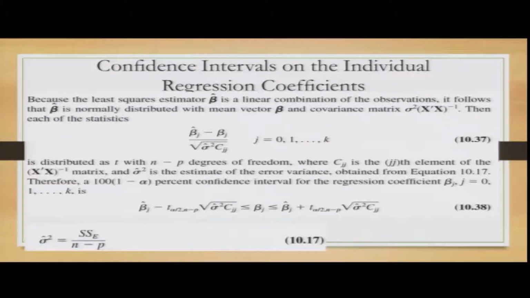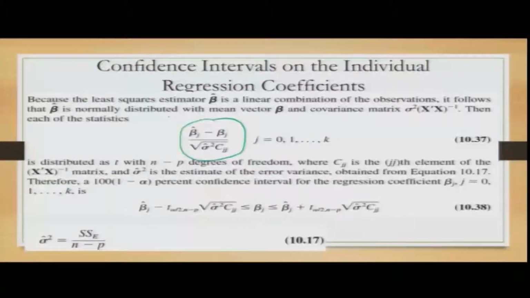Then, considering the normality holds, it becomes a very simple test of a z value. When you are converting an x, which is a normal random variable, into a z statistic or standard normal variable, in the denominator you have the square root of the variance, or the standard deviation, and in the numerator you have the random variable minus its expected value. Similarly, here it will be beta hat minus beta j.